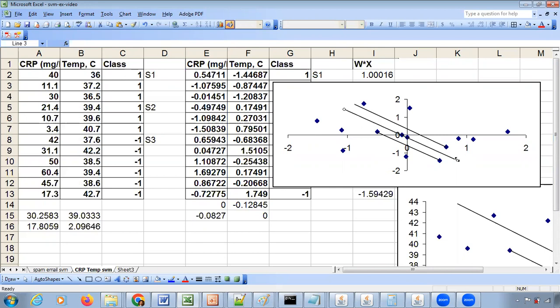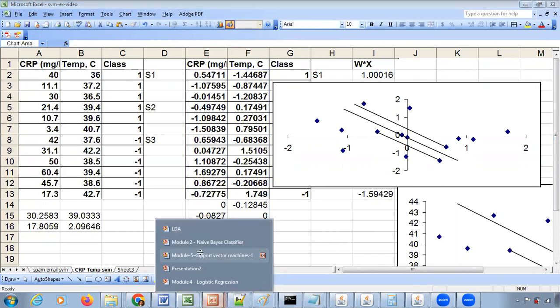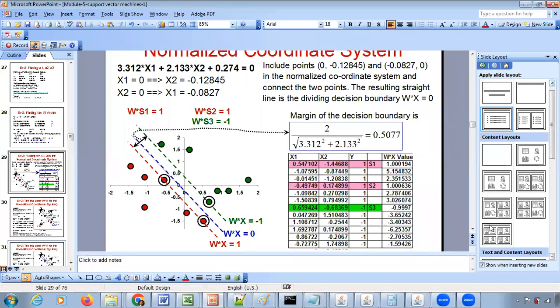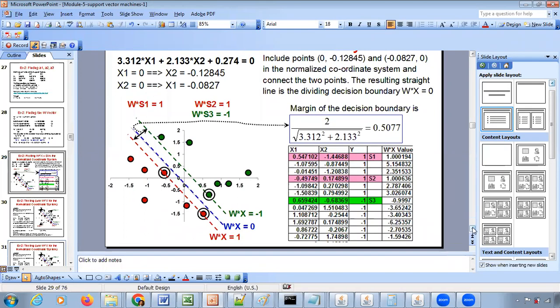It looks like it's close to the origin, but not really, because you have an intercept. Intercept means the bias term. So that's the decision boundary that we have for w times x equals 0.